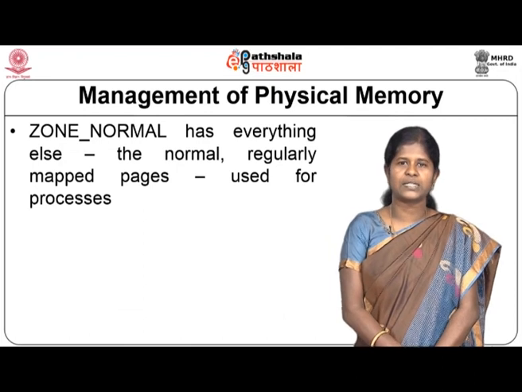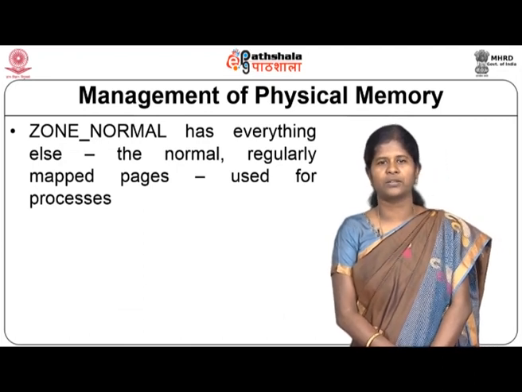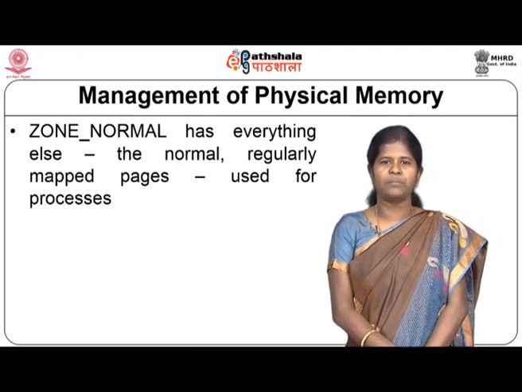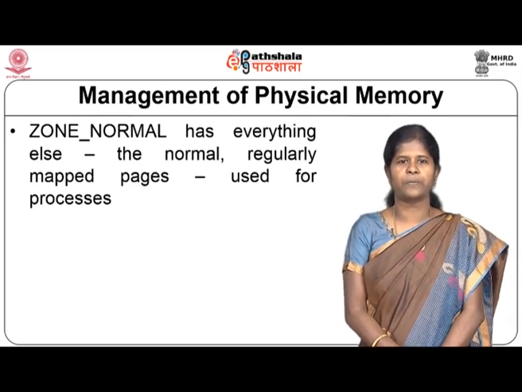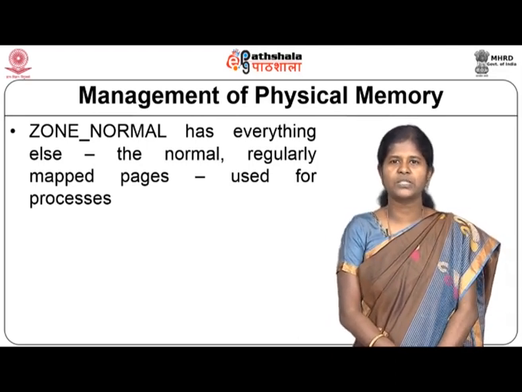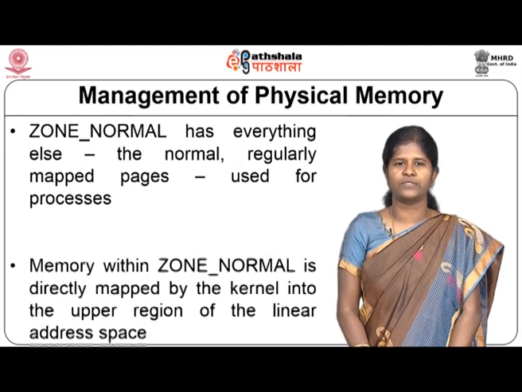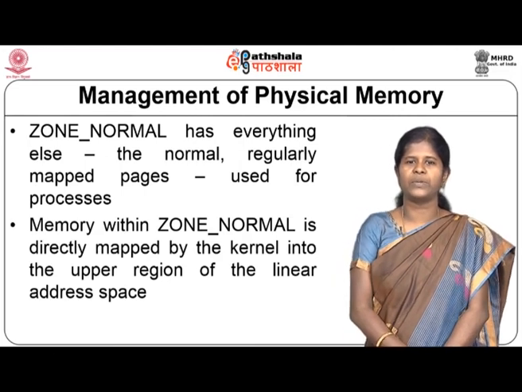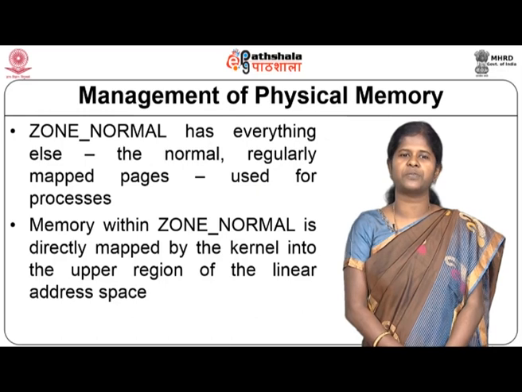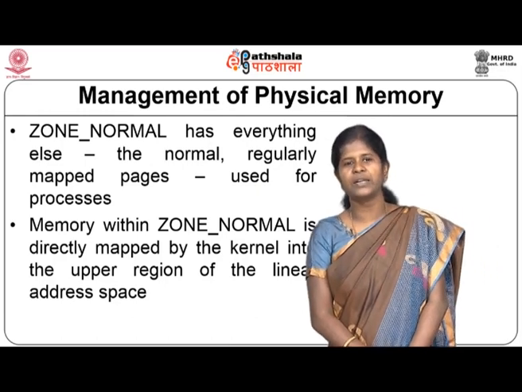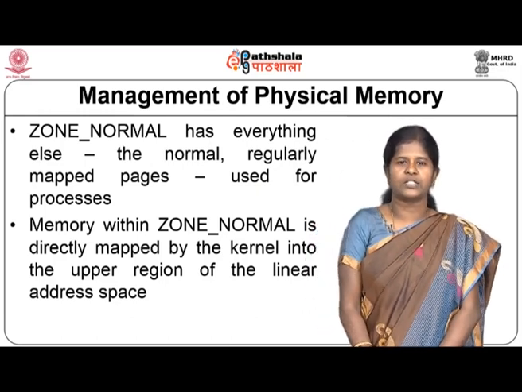Everything else is called zone normal, the normal regularly mapped pages which are used by processes, and they will be put into this zone normal area of the physical memory. The memory within the zone normal is directly mapped by the kernel into the upper region of the linear address space.